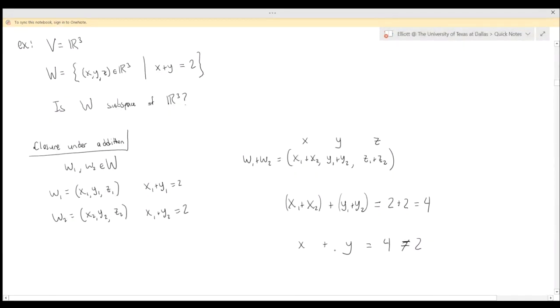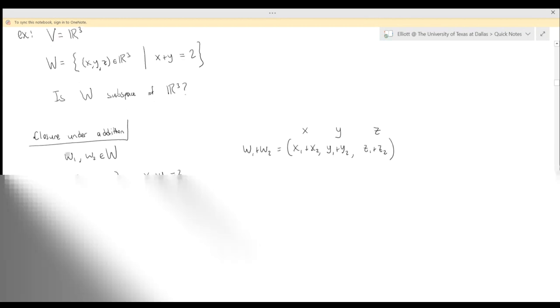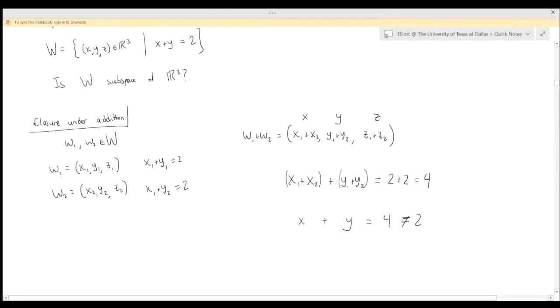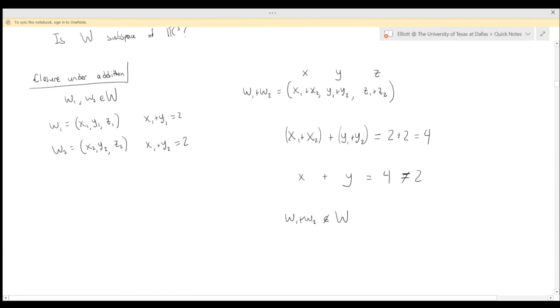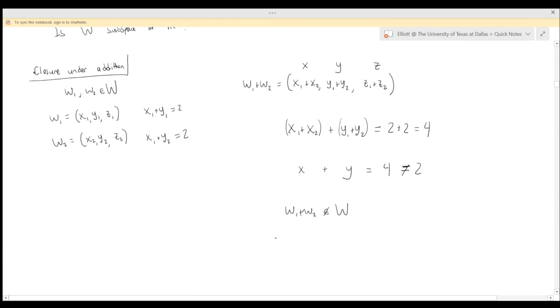So because it did not satisfy this condition, you had x plus y equal to 4, not equal to 2, that would prove that the closure under addition did not work. So W1 plus W2 is actually not inside of W. Therefore, it's not closed under addition, and therefore it's not a subspace.